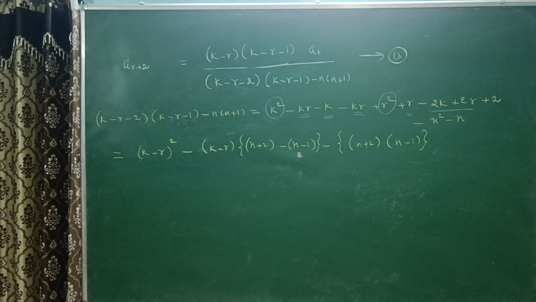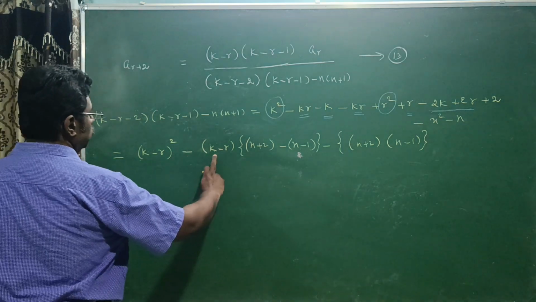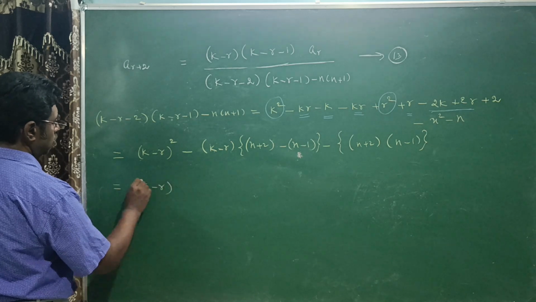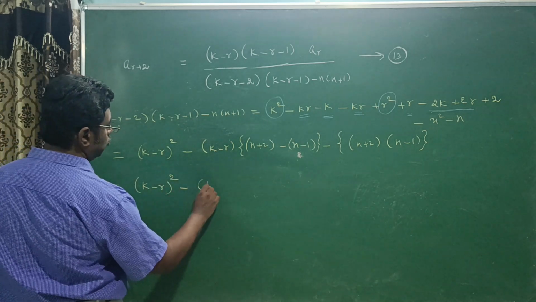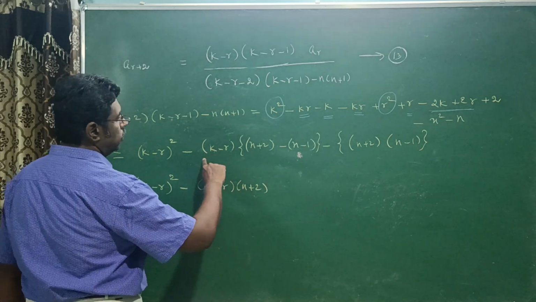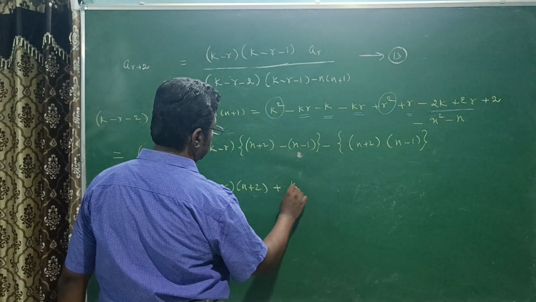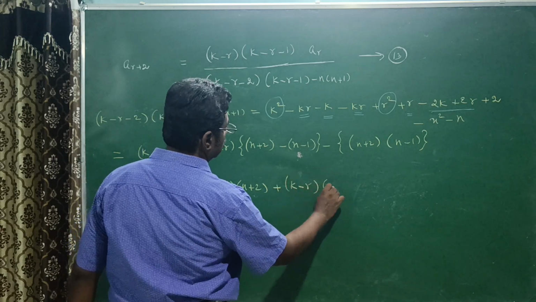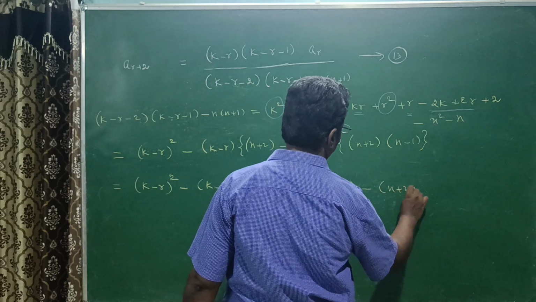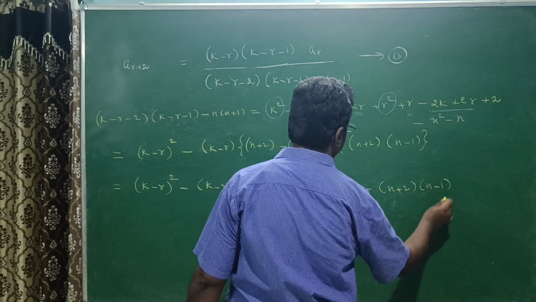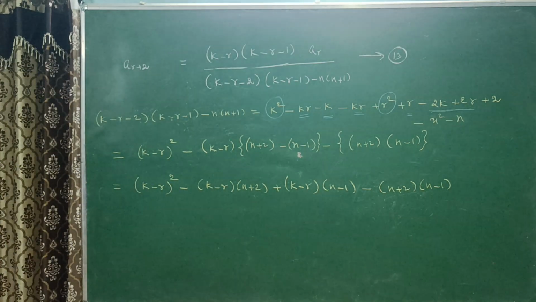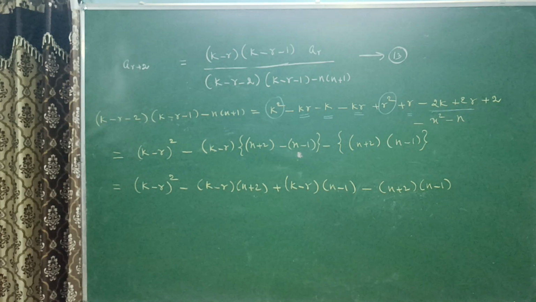Now we may allow this k minus r to operate on the terms: (k minus r) whole square minus (k minus r) into (n plus 2), then minus into minus plus, plus (k minus r) into (n minus 1), then minus of (n plus 2) into (n minus 1). See, mere multiplication, nothing new to interpret.